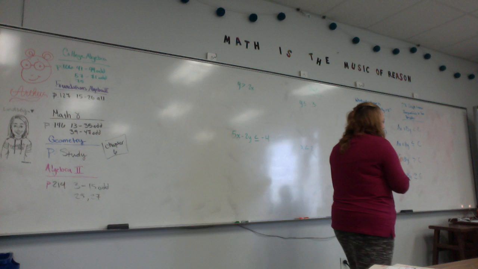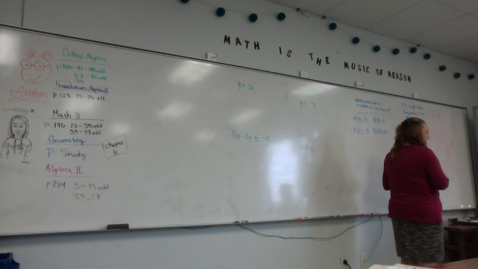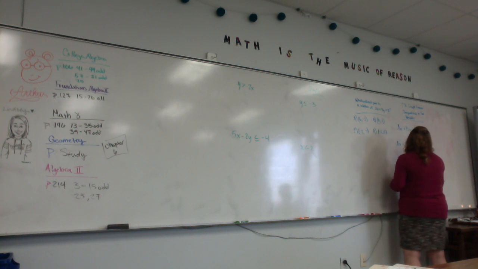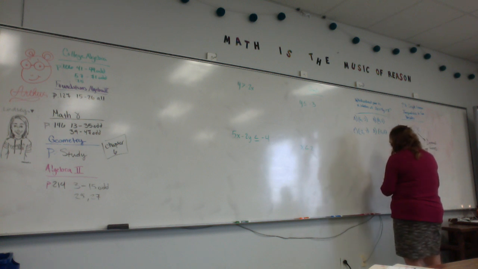If it's dotted, is the dotted one the one without the equal sign? Yes. So if I have this sign or this sign, I've got dotted lines. If you have less than or greater than, you have dotted lines.